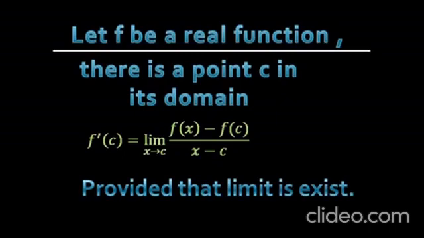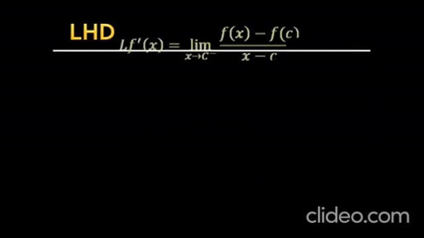And then for the differentiability of this function, we write the left hand derivative, represented by Lf dash c. You have to write limit x tends to c minus of (f(x) minus f(c)) upon (x minus c). Replace x by c minus h.